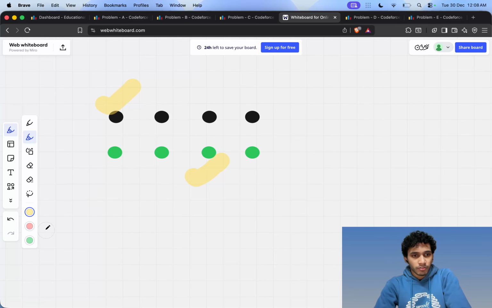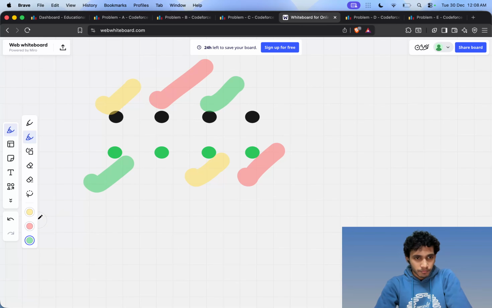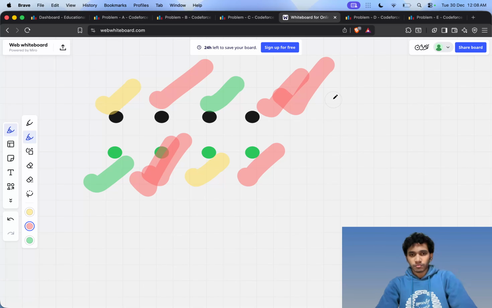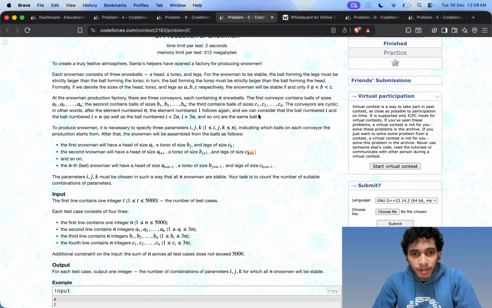These two yellow ones will be clubbed. These two will be clubbed. These two will be clubbed in cyclic order. And then again, these two will be clubbed. This is happening in cyclic order. This is what this particular line means.